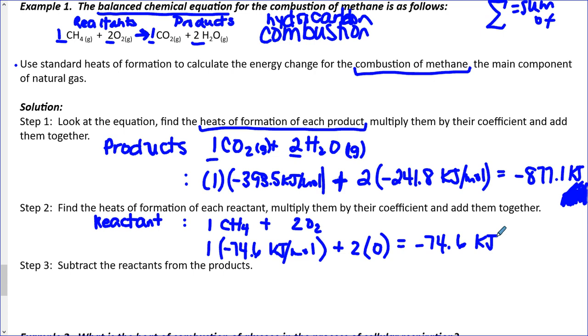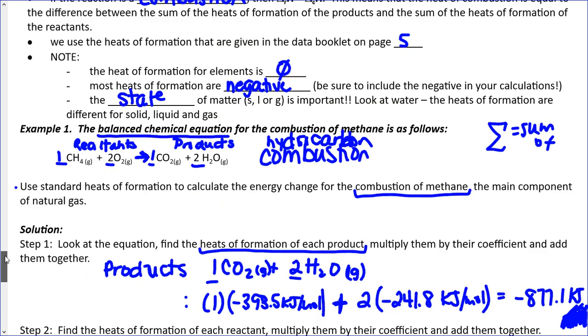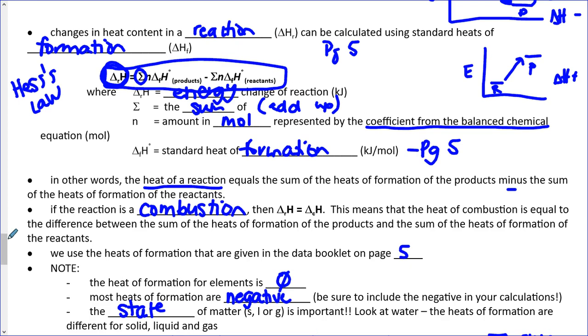So now step 3 is subtract the reactants from the products. The way that they decided which one to subtract from the other is looking back at this equation.